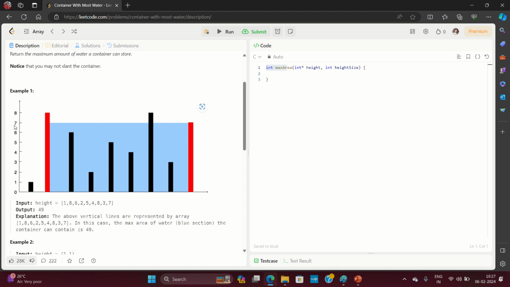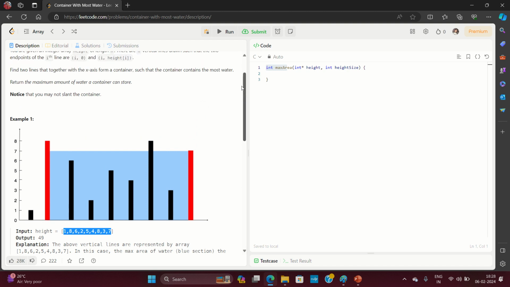Say this is the total bigger container, which has been separated with slabs of different heights. The heights of these slabs are the elements of the array, and our aim is to find the maximum area that the water will cover when poured in this container.